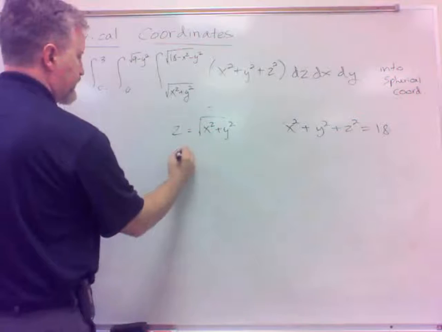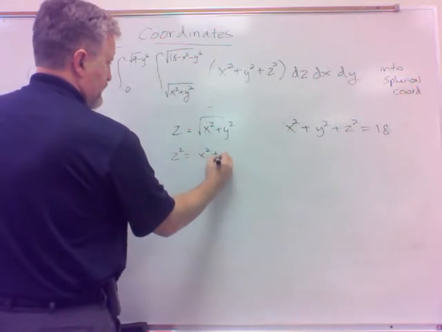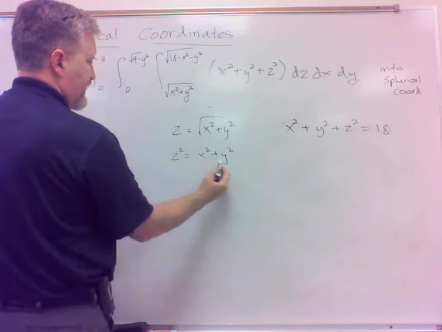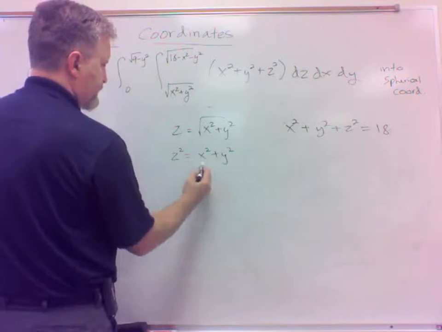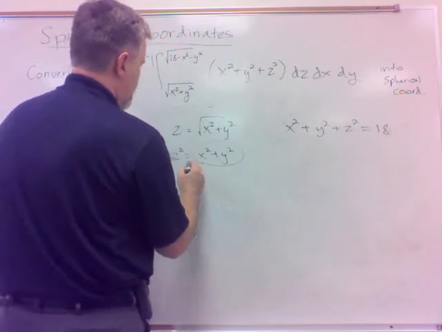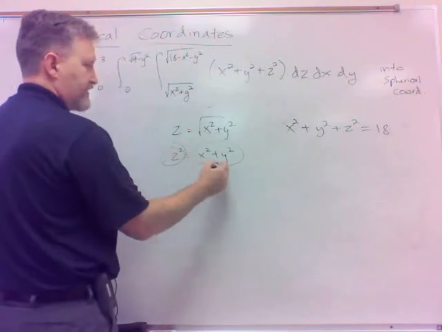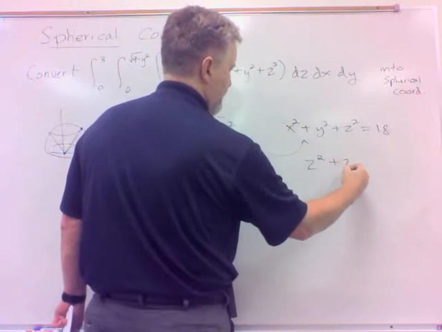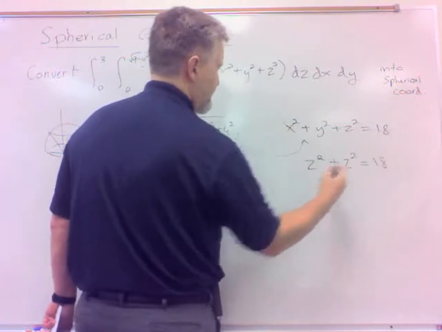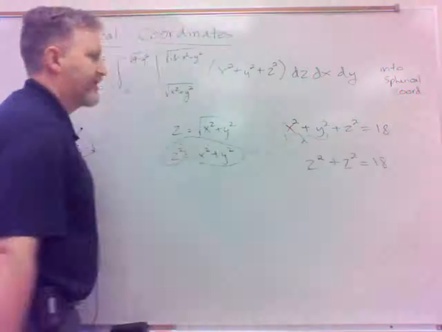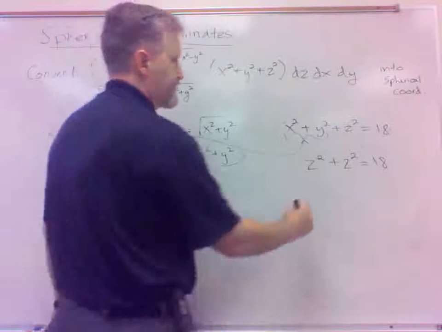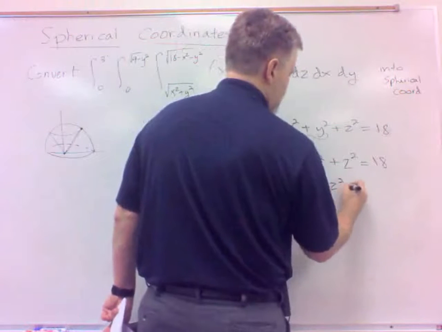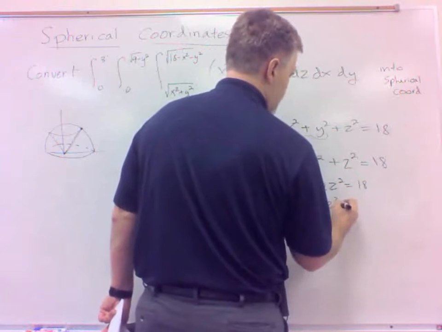And so here, one thing I could say is that x squared plus y squared equals z squared. Let's plug that in for x squared plus y squared. Then I'll have 2z squared equals 18, so z squared equals 9.